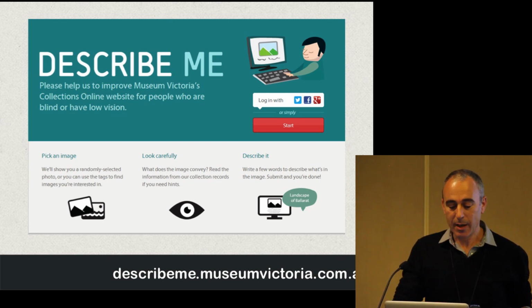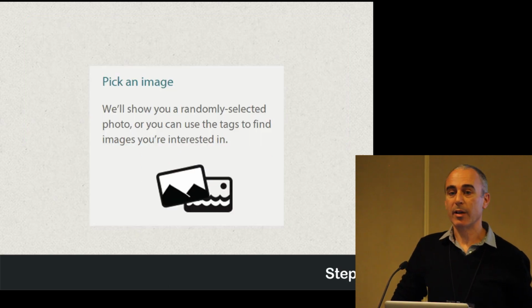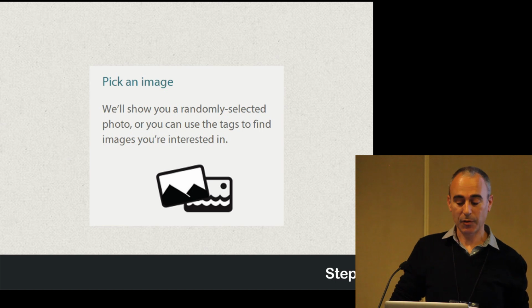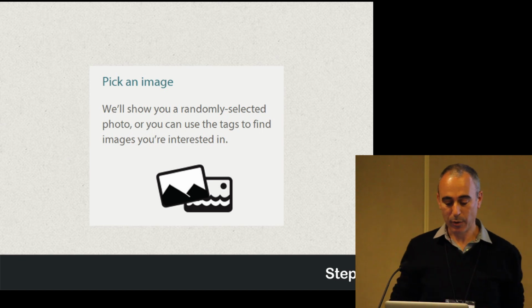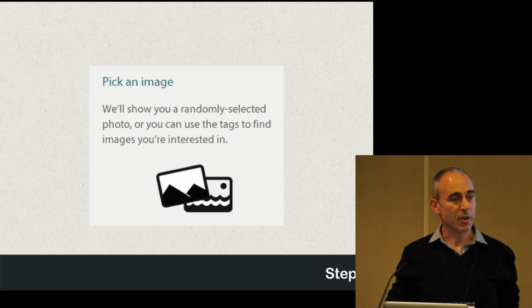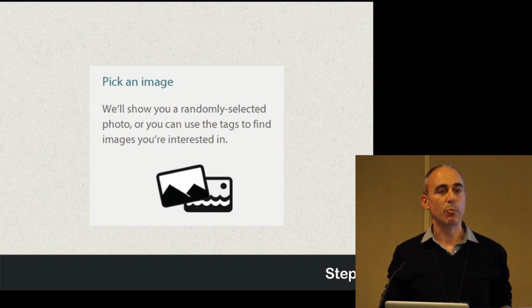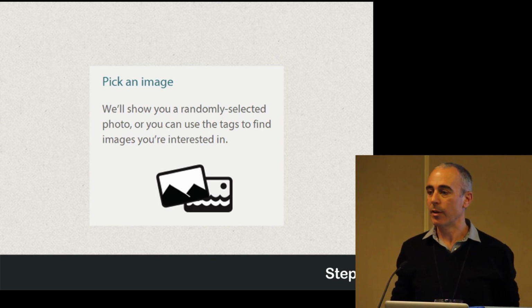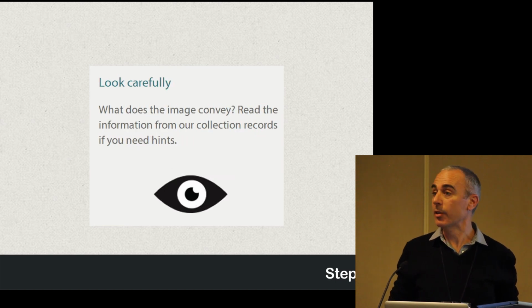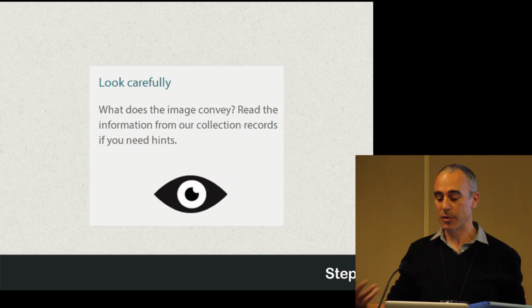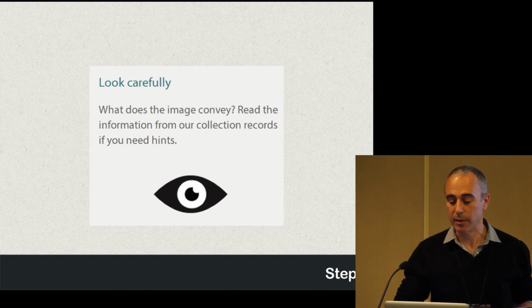Describe Me was built, as I say, as a summer project by one of our developers. He spent a week or so on it, and we had a designer add some nice design, and we ended up with a service that we can use for our business. To pick an image, a random image is selected from the pool of images that are required to be described, or you can search using the tags or a search function to find images that you're interested in.